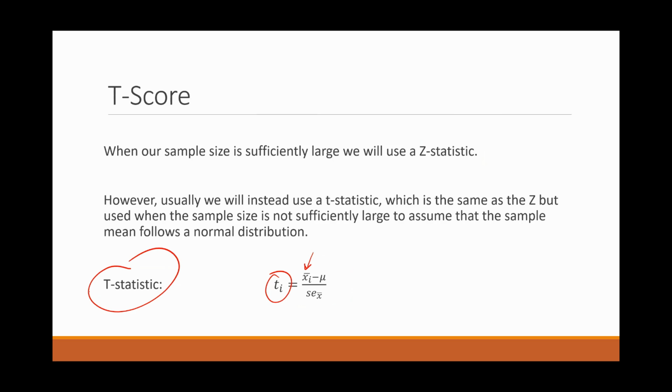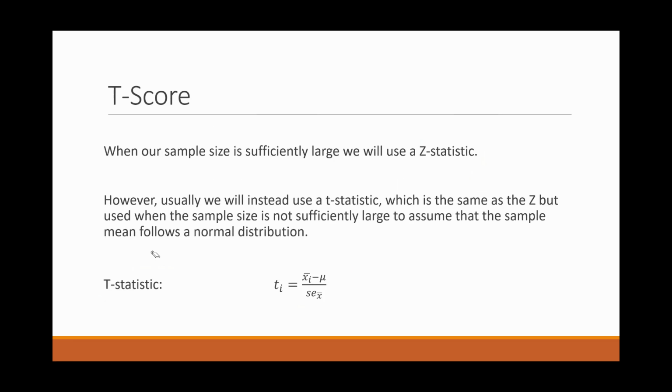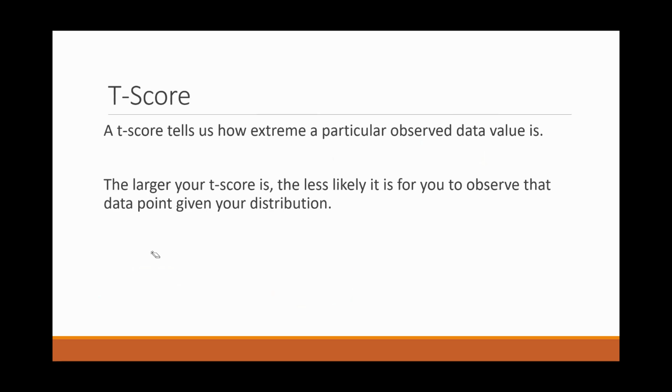But it's actually the same idea and the same equation. So we're just going to switch here. We will use a t-statistic or t-score to determine how extreme or how unlikely a particular observed value of a variable is.